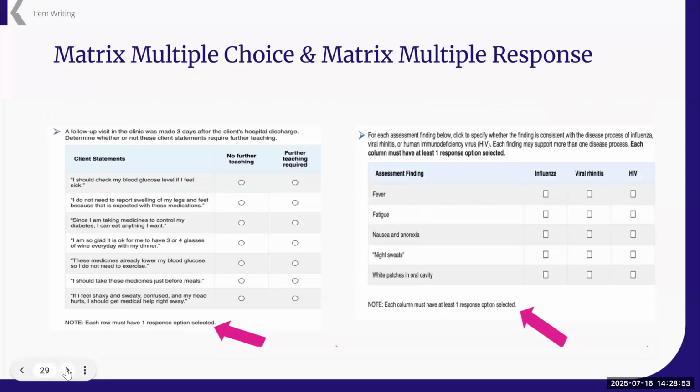With a matrix multiple response, each column must have at least 1 response option. A row can possibly have no responses, but they can select options within each row. And again, it's very important to follow the instructions that are listed next to the note.